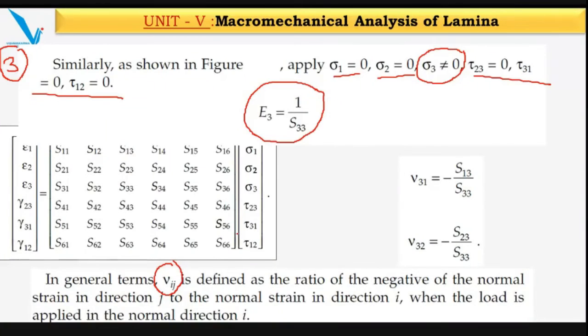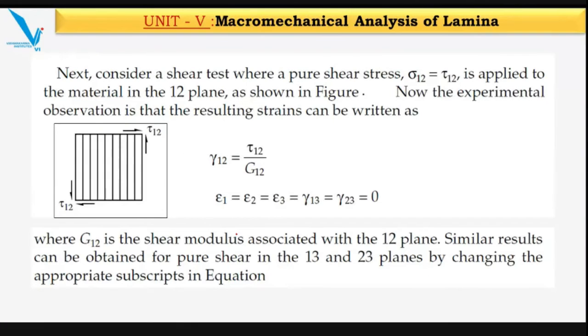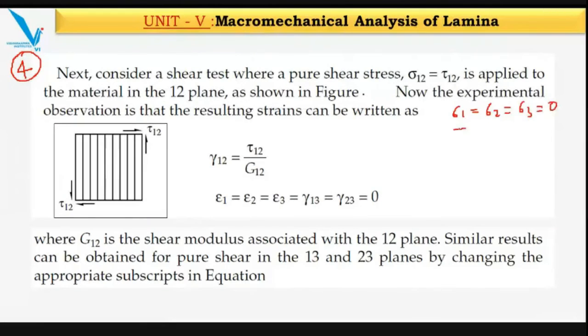Now coming to the fourth case, when we apply shear. Here sigma 1, sigma 2, sigma 3 are equal to 0. Tau 12 is not equal to 0, and the other components tau 31 and tau 23 are equal to 0.